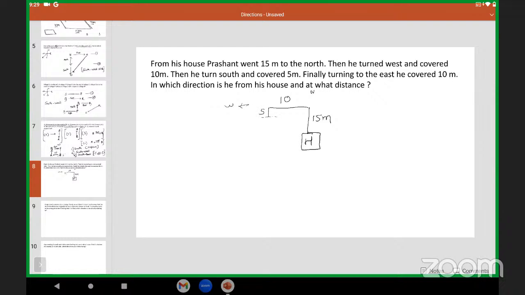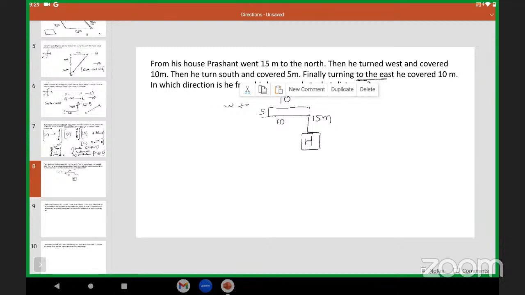Finally, turning to his east, he covers 10 meters. So he will be back at this line. Now they have asked in which direction is he from his house and at what distance.